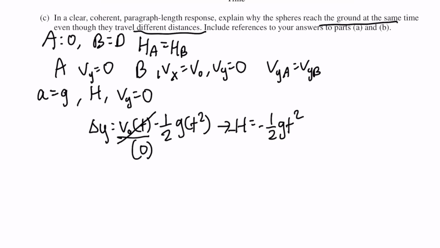Since h and g are the same values for both, that means t must also be the same value for both. That would be a way to get all points on the last part of the FRQ, but of course you would need to write it in paragraph form. On the real exam, just include all of these points in your paragraph and you would be getting the full points on this FRQ.